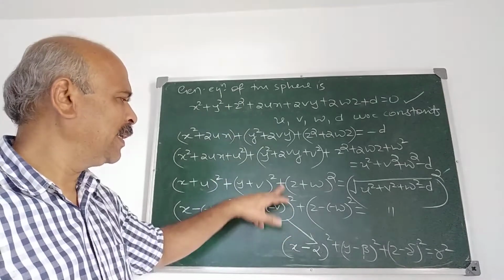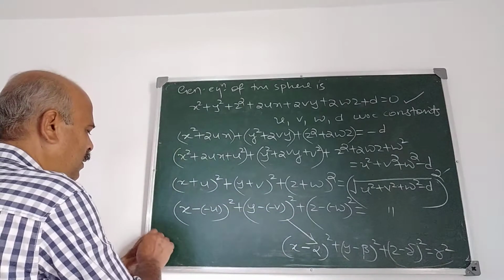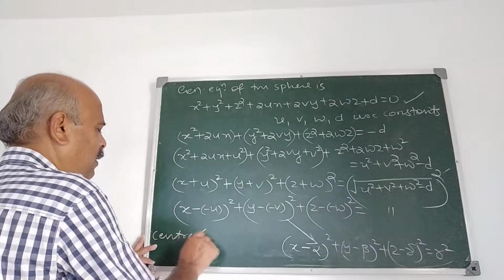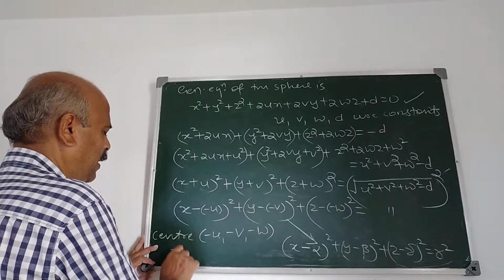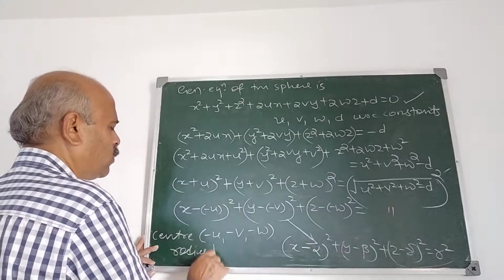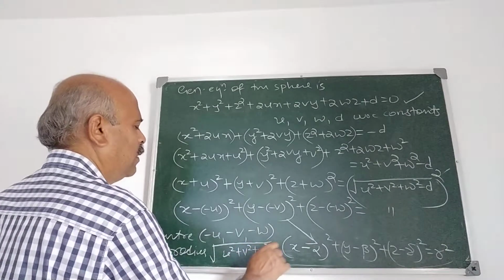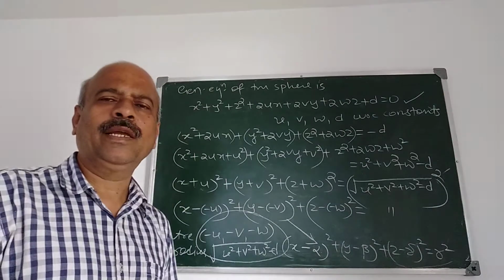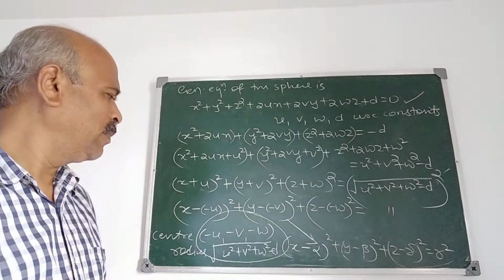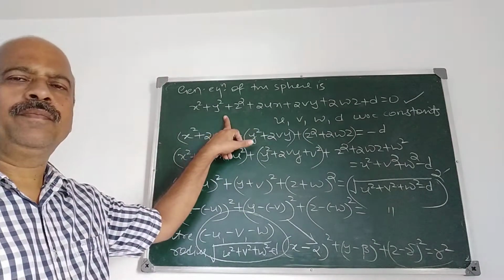And comparing, the coordinates of the center are (-u, -v, -w), and the radius is the square root of u² + v² + w² - d. So we have again a formula here. This equation always represents a sphere.